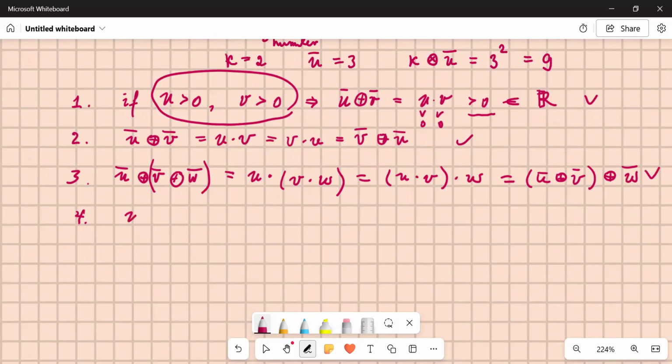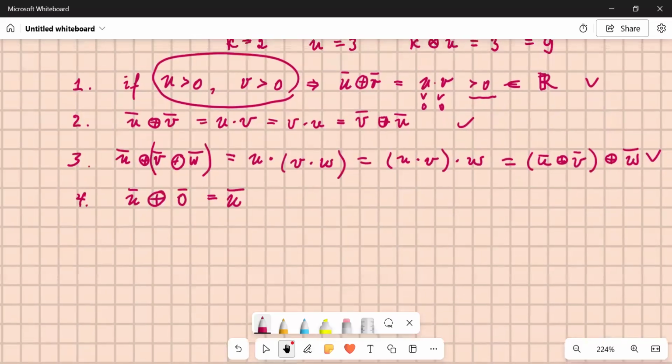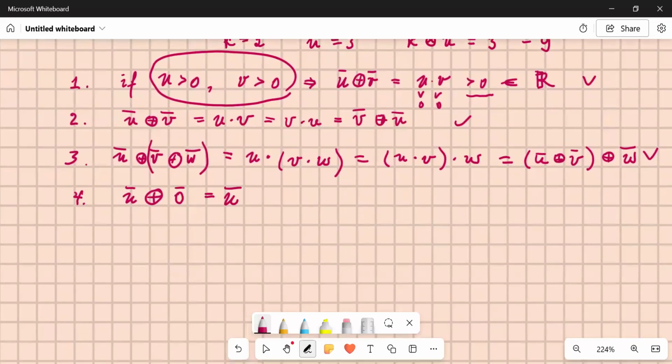Remember, what is 0? u plus 0 is supposed to be still equal to u. Is it going to be? Well, because it's multiplication, we need to know by what we multiply u to get u.